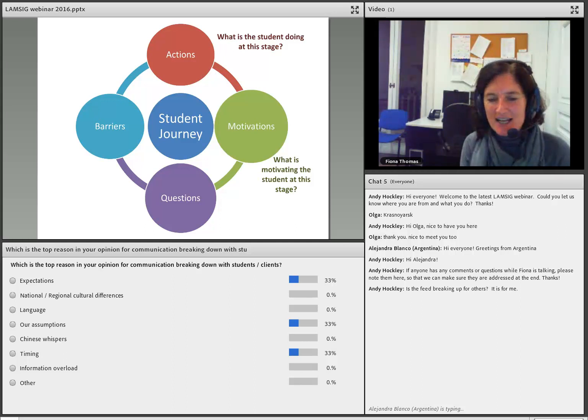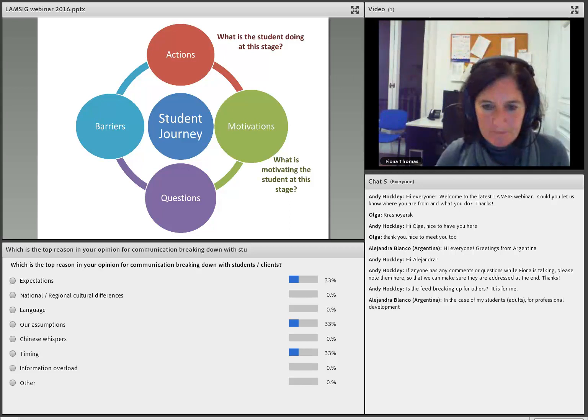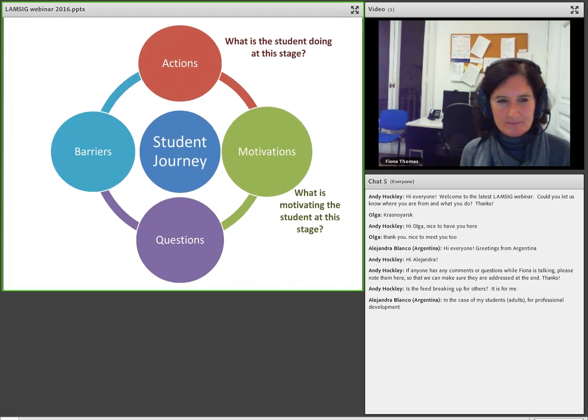Maybe you could type something in the chat window. Any idea?